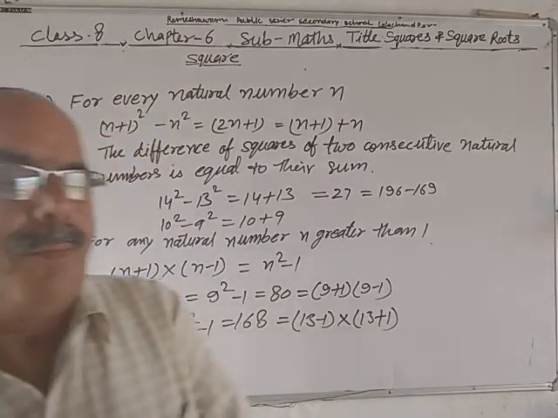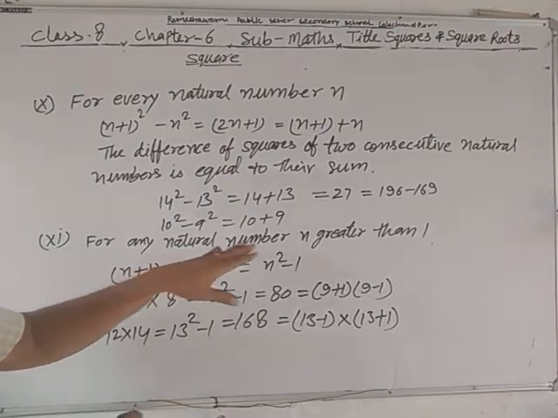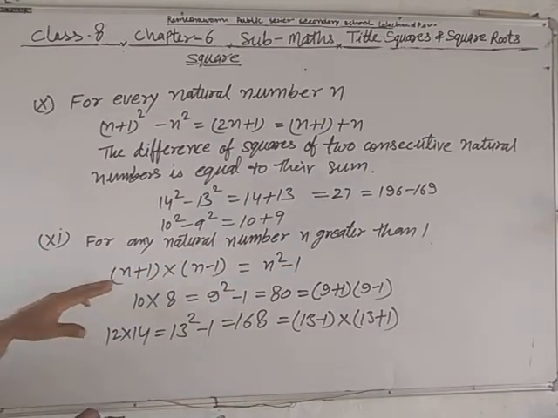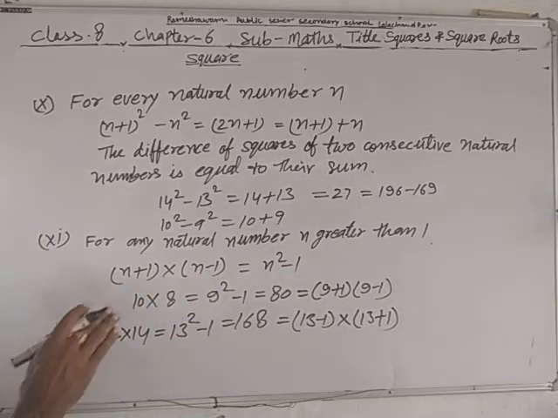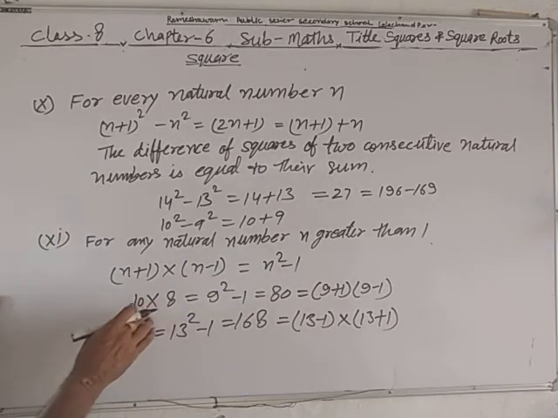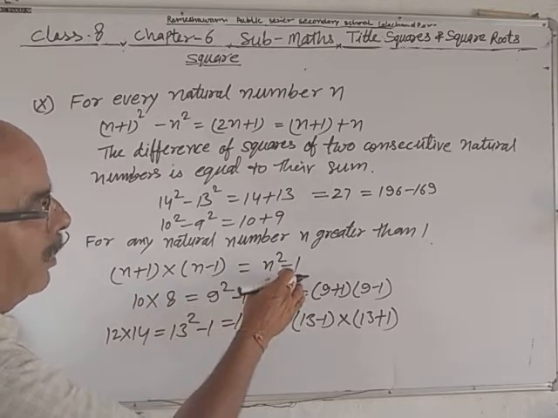This is the formula for any natural number n greater than 1: n plus 1 into n minus 1. If we multiply n plus 1 and n minus 1, it equals n square minus 1.